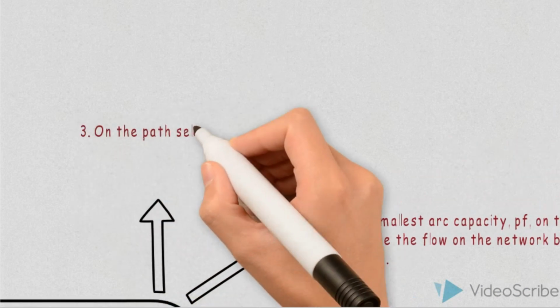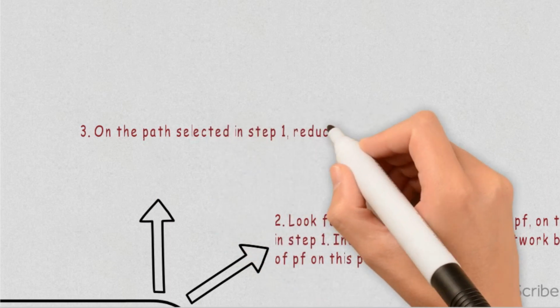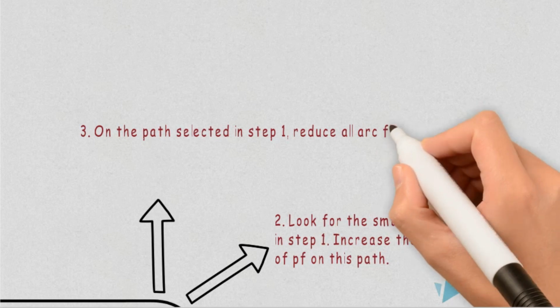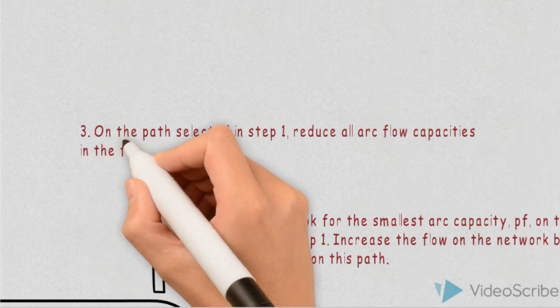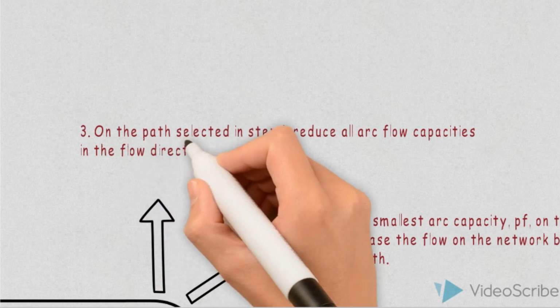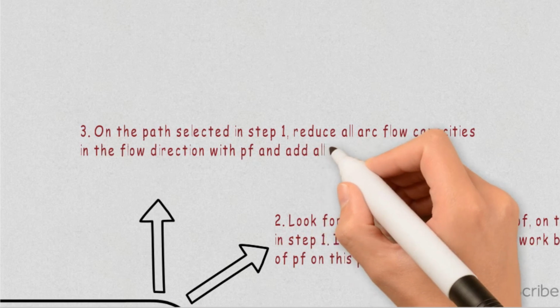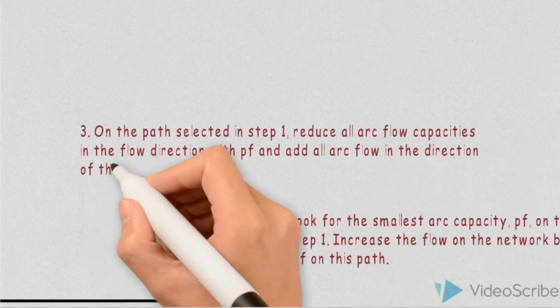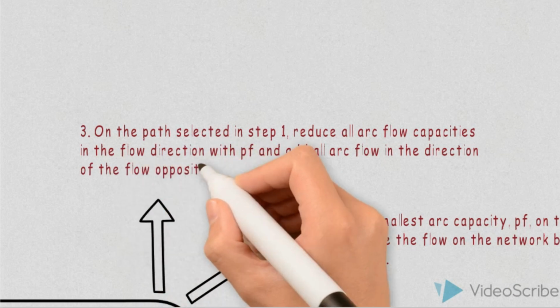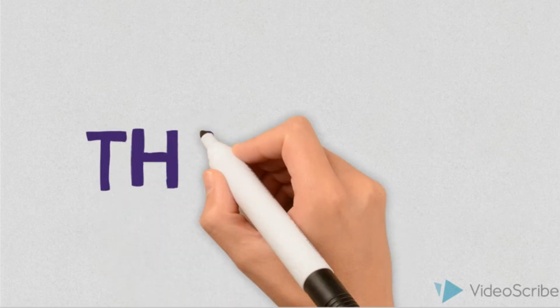Step 3, on the path selected in step 1, reduce all arc flow capacity in the flow direction by PF and add PF to all arc flow in the direction opposite to the flow. Next, go to step 1.